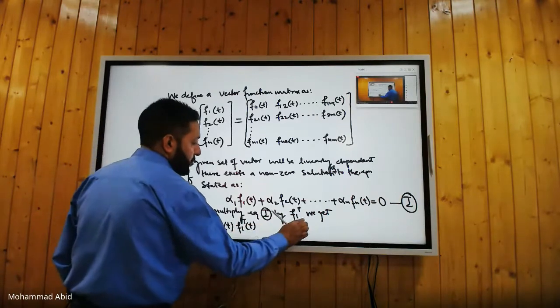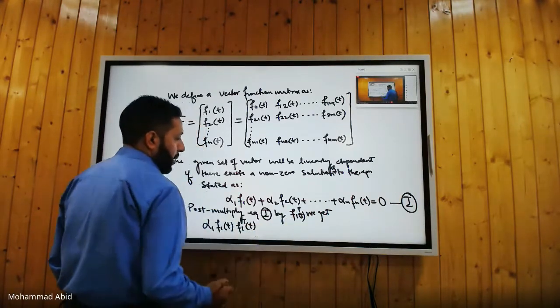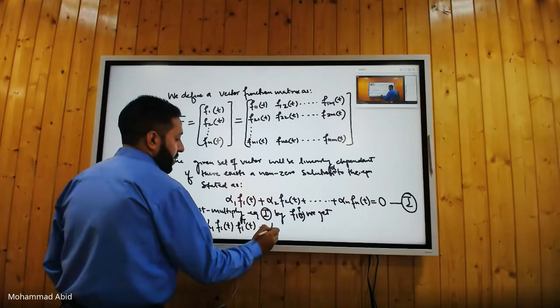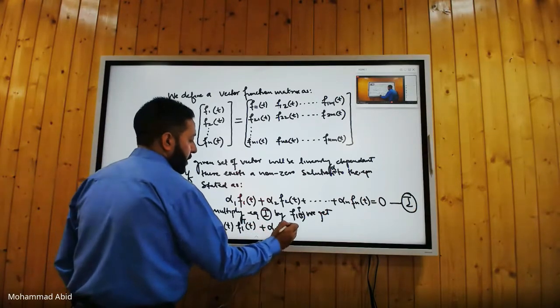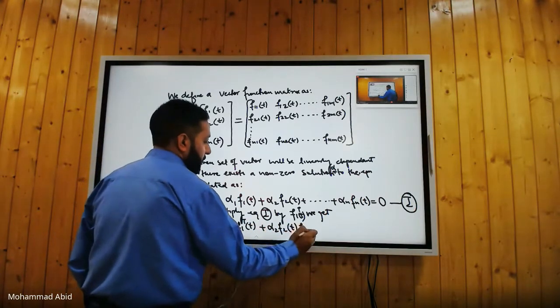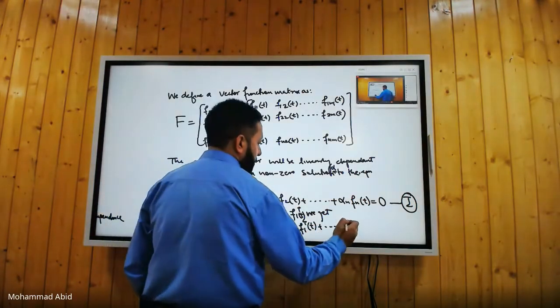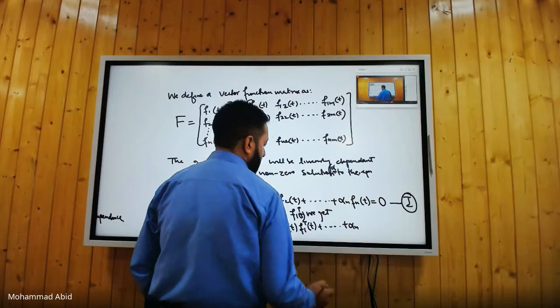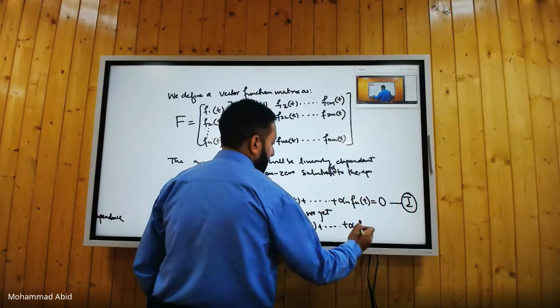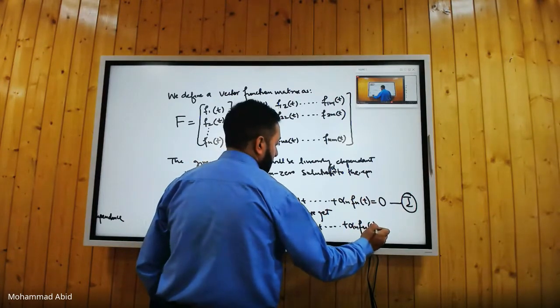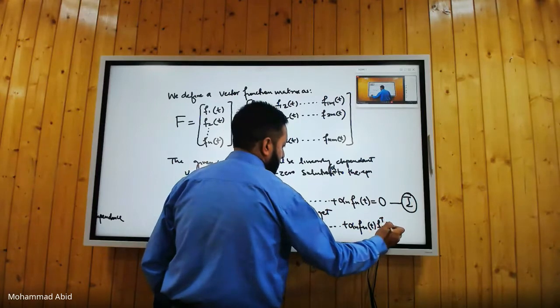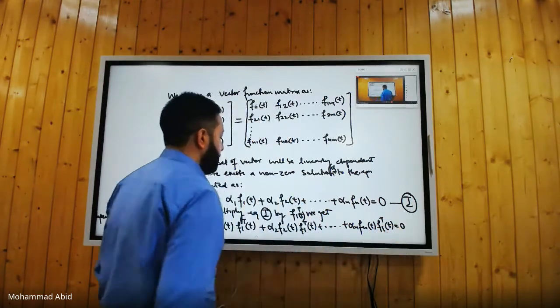So this is also a function of t, plus alpha 2 F2(t) F1 transpose(t), plus so on, alpha n Fn(t) F1 transpose(t) equal to 0.